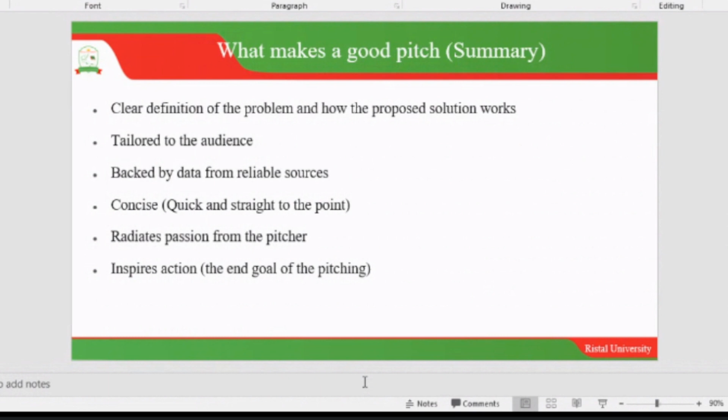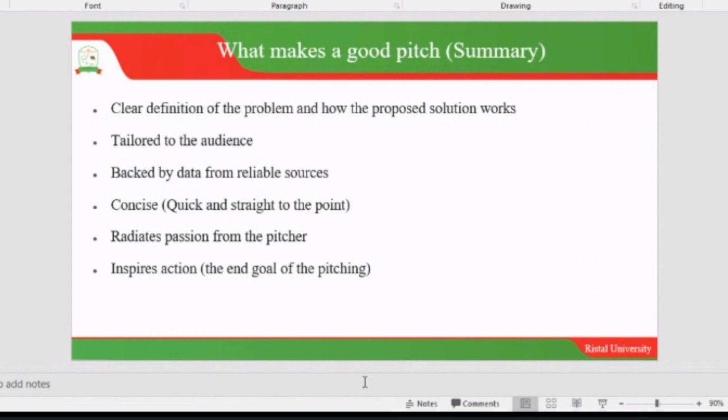Okay, show that you are the person who should be given support because you are really passionate about this idea. Then inspire action, which is the end goal of the pitching, by showing them that if they do not invest, if they do not support this idea, they will be doing themselves a disservice.